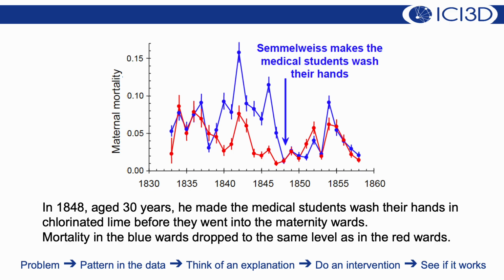Okay, but then going through each one of those dots is a vertical line, which you will know about. I would think it's a standard error, or actually in this case, it's a confidence interval, which basically says, I don't want to get too much into the details of this, but it's essentially saying how confident can we be that this estimate that we've got of a maternal mortality is actually at the level that we put it on that graph.